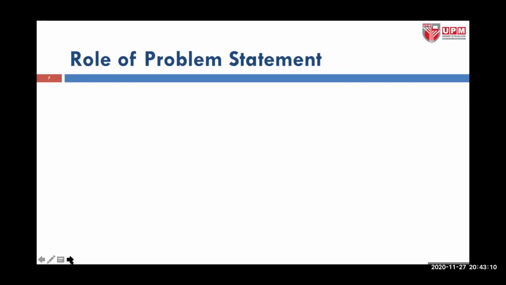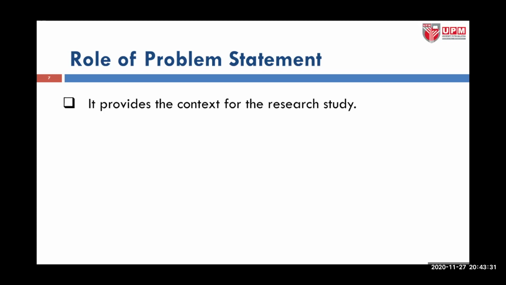And then we would like to see the role of the problem statement, because earlier in the beginning of this session I said that you also need to know when to use the problem statement and how to use it in your dissertation, in your project, as well as your paper. So the role is to provide the context of the research study. That's the main purpose of having a problem statement.